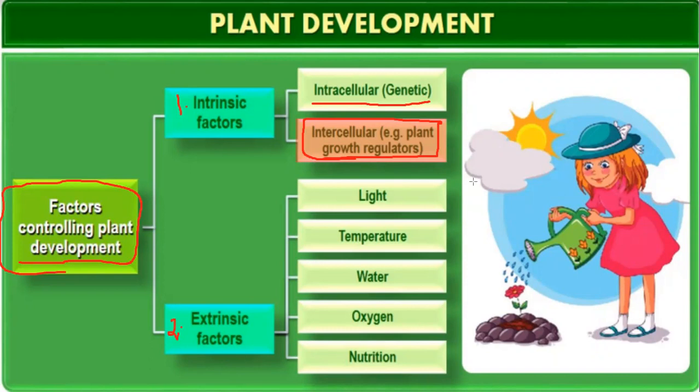Okay, moreover, what I want to tell you is about the plant growth regulators. In the next class we'll be talking about the plant growth regulators. In that, I'll be discussing auxins in a particular session, gibberellins in a second session, then cytokinin, abscisic acid, then ethylene in different sessions.